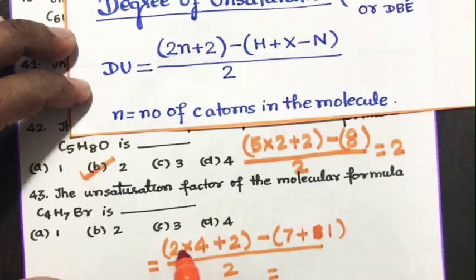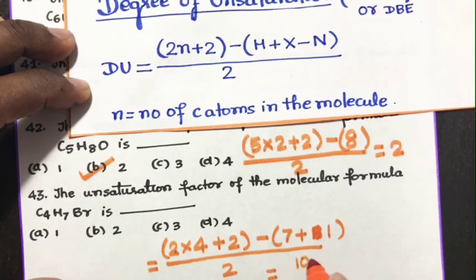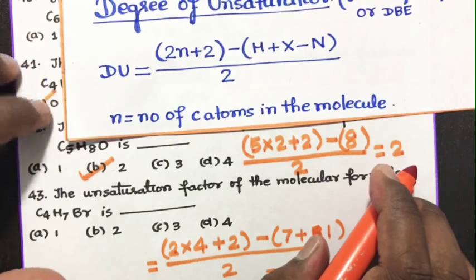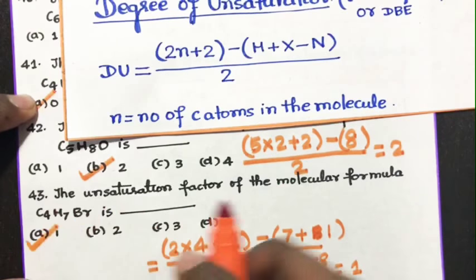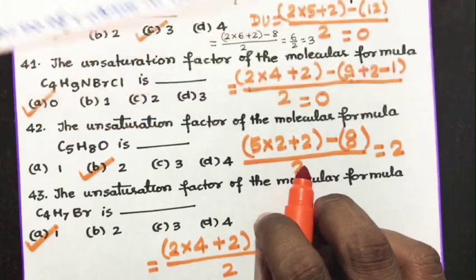So this will be equal to 4 into 2, 8, plus 2, 10, minus 8 divided by 2. So this will be equal to 1. Now the correct answer is option A.